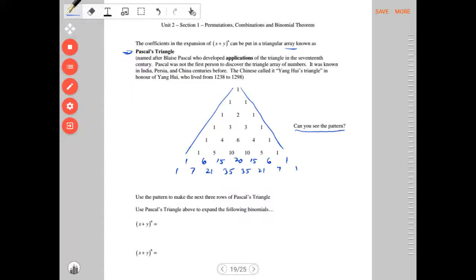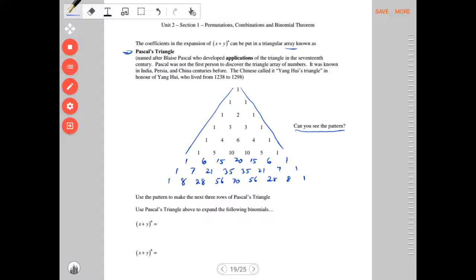See, it's a symmetrical pattern. And then of course the last one that they wanted us to do: 1, 8, 28, 21 and 35 makes 56, 70, 56, 28, 8, and 1. So this is Pascal's triangle.